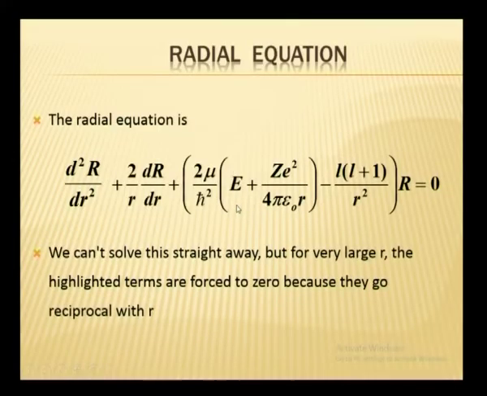The radial equation alone will contain E, right. E, the eigenvalues, will be contained in the radial equation. It is the boundary condition that will give you the possible eigenvalues and the associated eigenfunctions. So, the important thing is the introduction of the boundary condition.